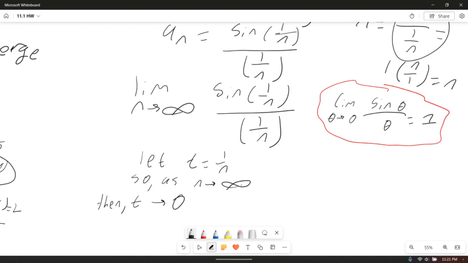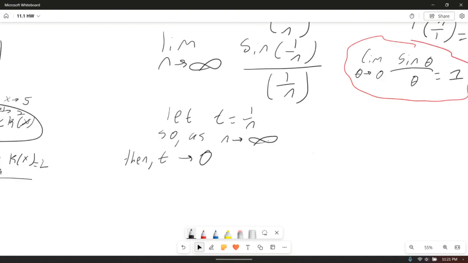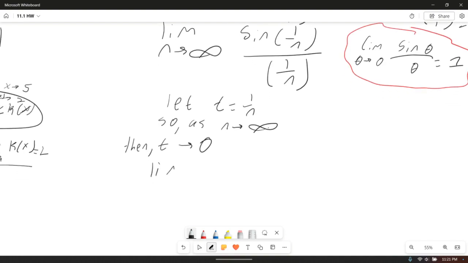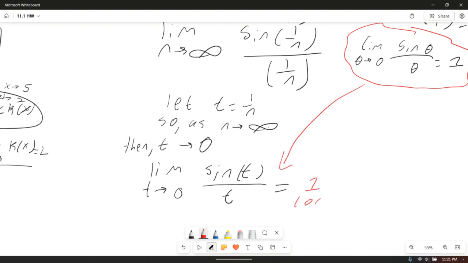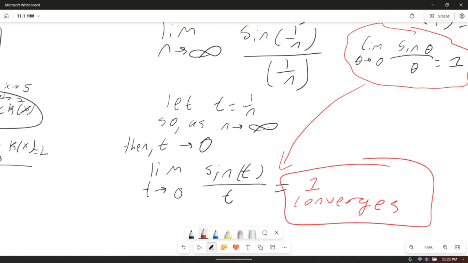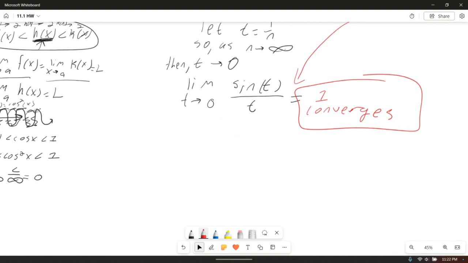So as n approaches infinity, t has to approach 0. Then we have something that works really well for us: the limit as t approaches 0 of sine of t over t. And we know by this theorem that this has to equal 1. So this converges to 1. Right, the final answer is that it converges to 1.